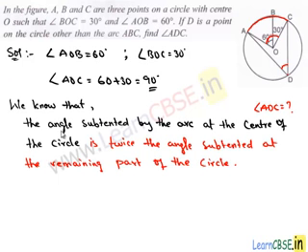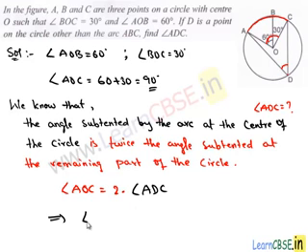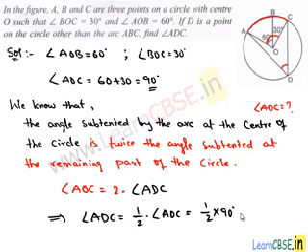And we know that the angle subtended by the arc at the center, angle AOC, is twice the angle subtended by the same arc on the remaining part of the circle, that is angle ADC. So by using this equation we get angle ADC, which is half of angle AOC. We have got angle AOC, which is 90 degrees. Therefore angle ADC is 45 degrees. And this completes our solution.